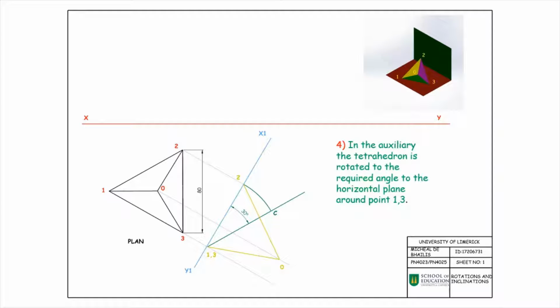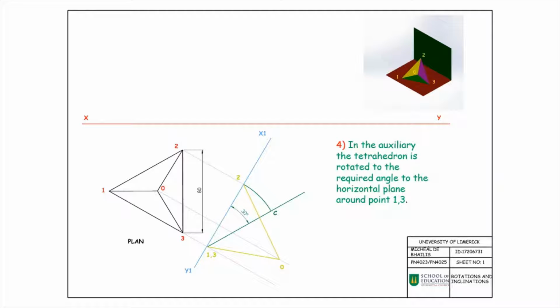We're now going to rotate the point 1,3 on our auxiliary elevation, and we're going to rotate it at 30 degrees to the x1, y1 line.